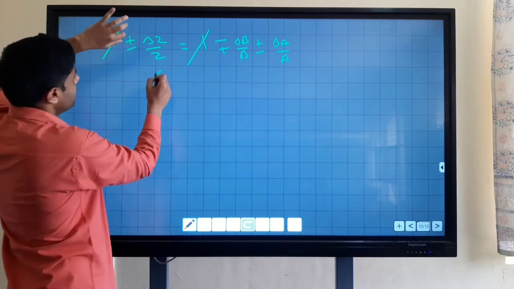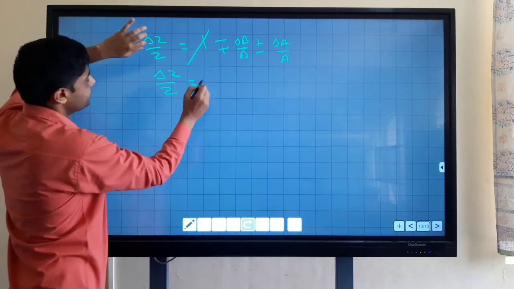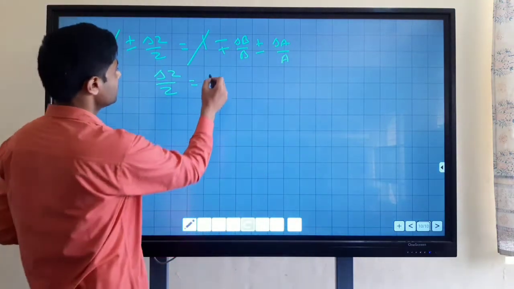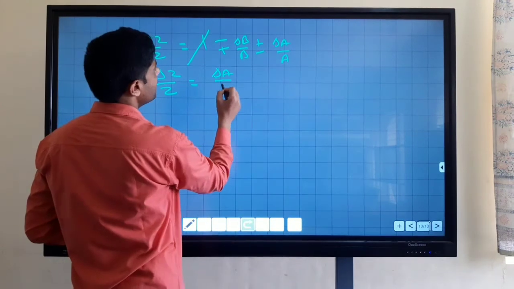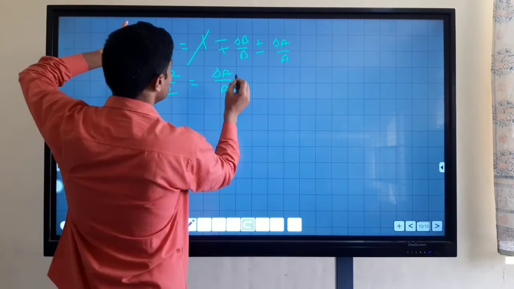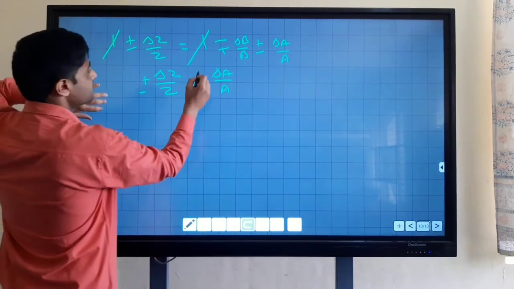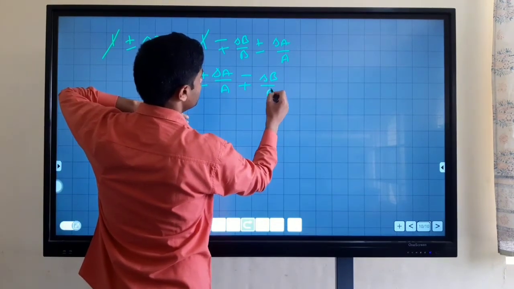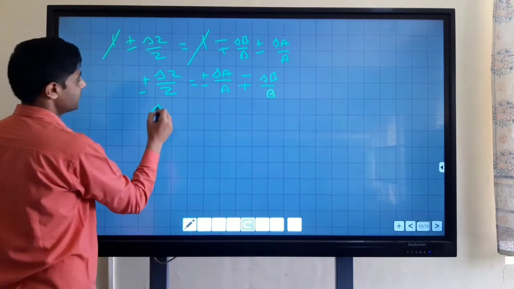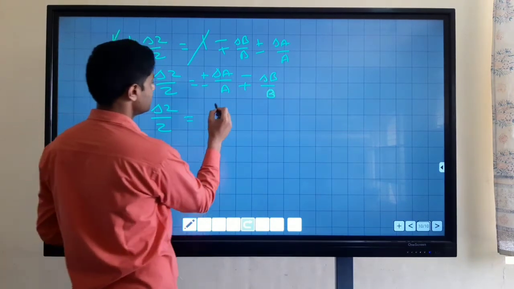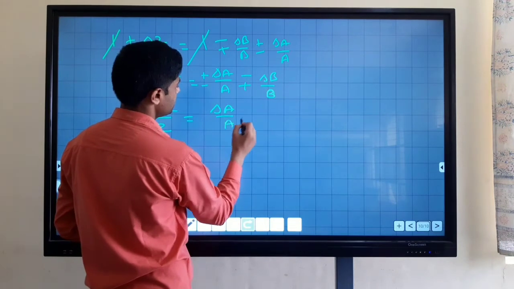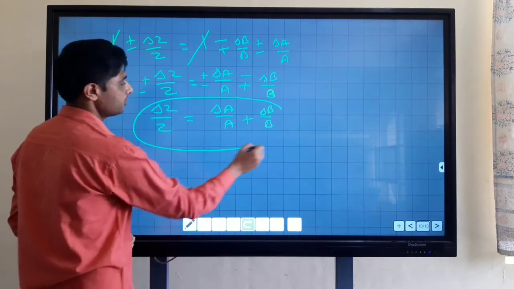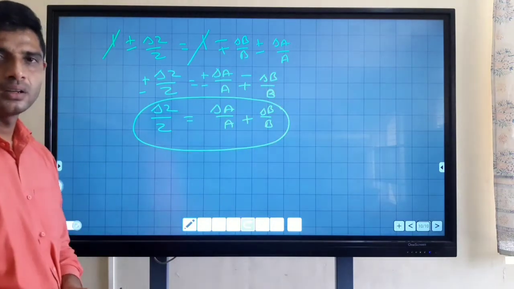So for the error, we have to take the maximum error. So del Z upon Z equals del A upon A plus del B upon B. We have to take always the maximum error.